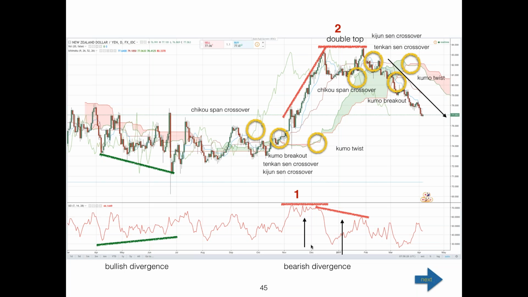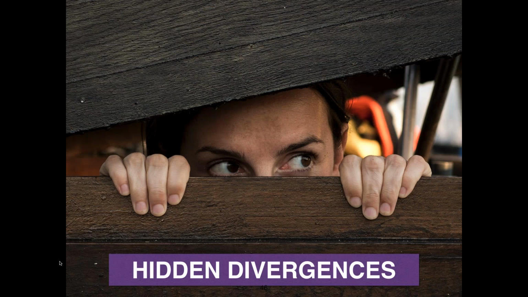Right, so we've already discussed bullish regular divergences. We talked about regular bullish and regular bearish divergences. Let's talk about hidden divergences. Hidden divergences signal the continuation of a trend. If your existing trend is bullish, a bullish hidden divergence tells you that the uptrend will continue.